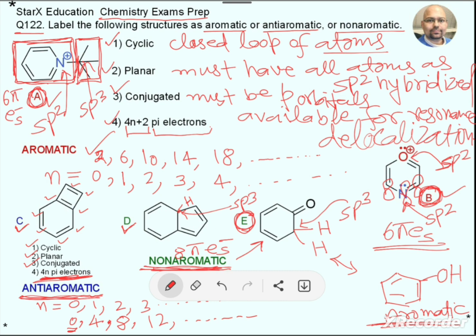And is the number of pi electrons 4n plus 2, meaning are there 2, 6, 10, 14, 18 and so on pi electrons? If that is the case, then that species would be aromatic. If the first three conditions are fulfilled but the pi electrons are only 4n, then the species would be antiaromatic. And if one or more conditions is missing, then the species would simply be non-aromatic.